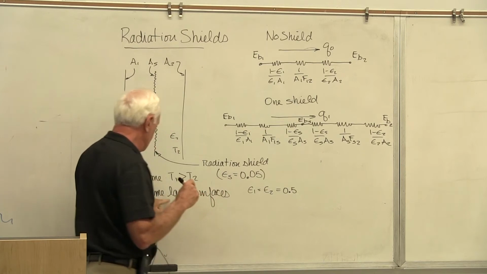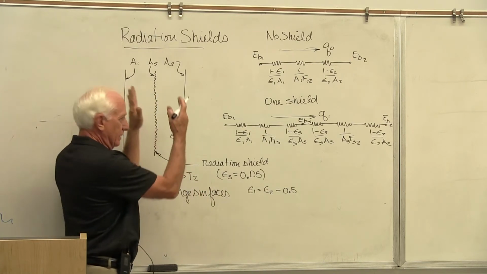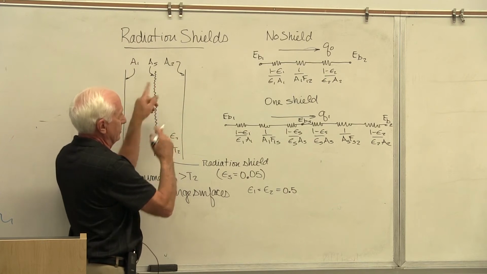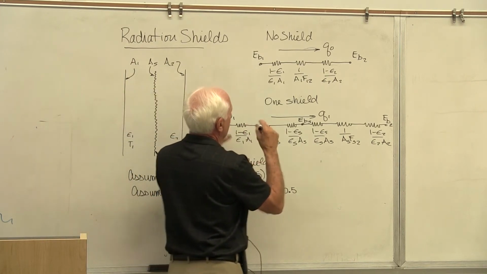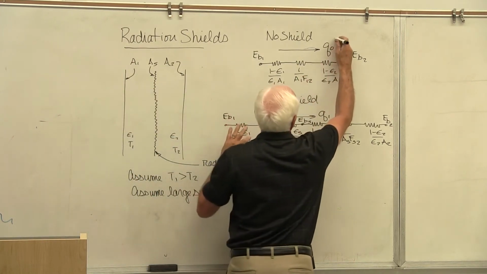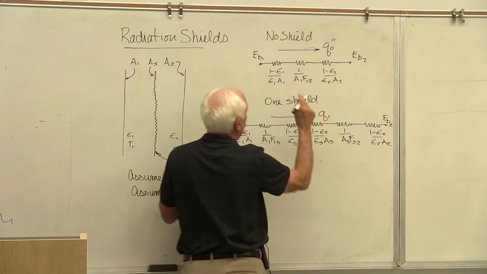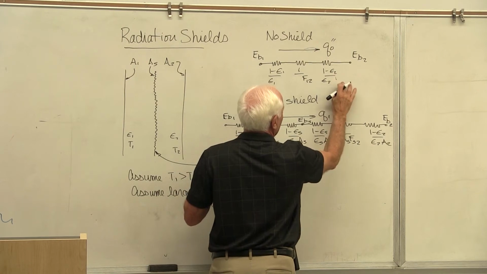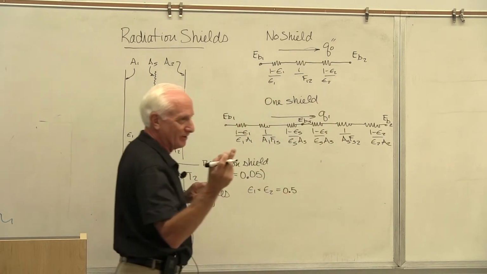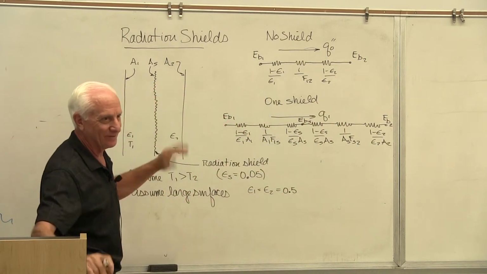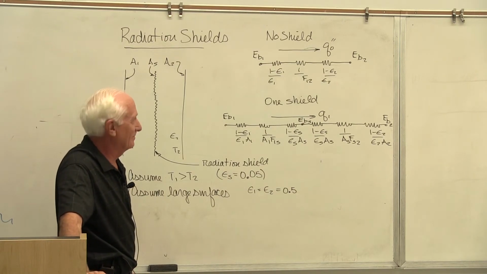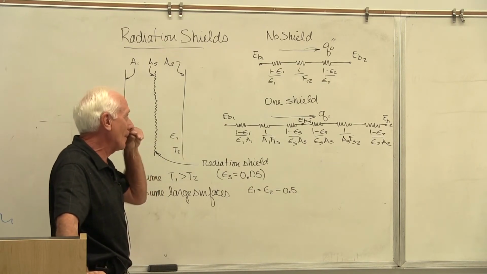Why? It says assume large surfaces here, 1, 2, 3. Area 1 equals area 2 equals area S. So you can make this Q double prime if you want and get rid of the areas. You can get the areas out of there. Okay. Make it double prime.